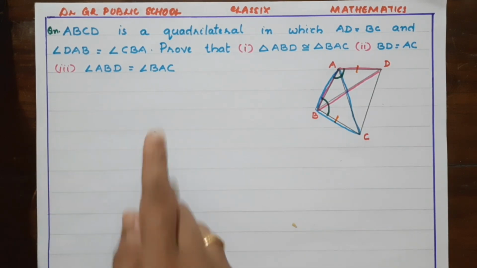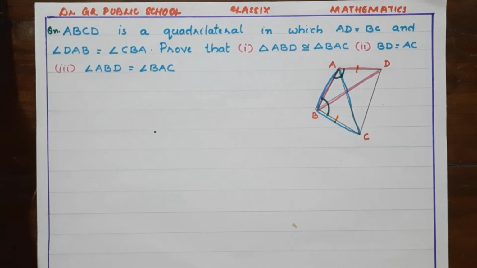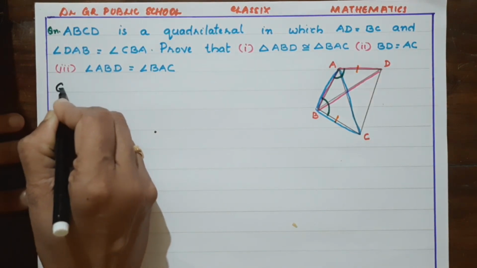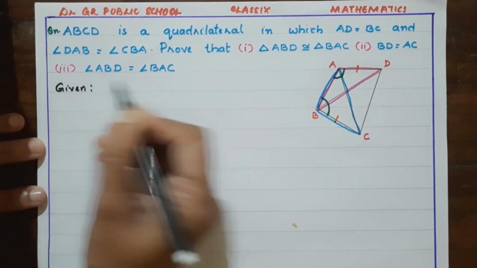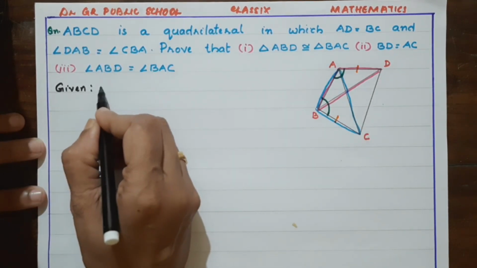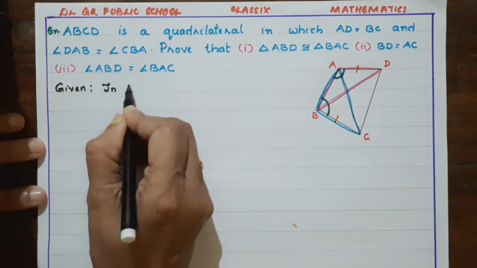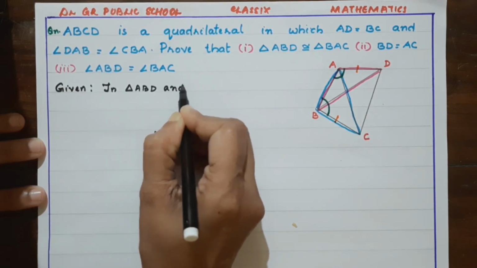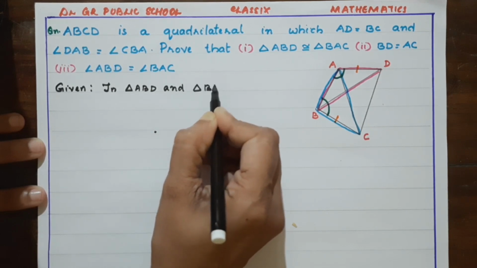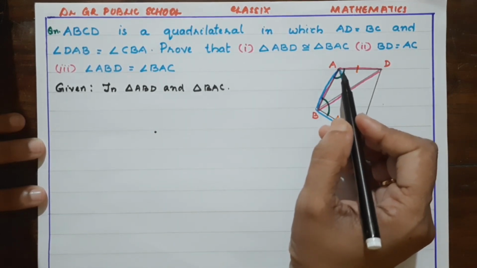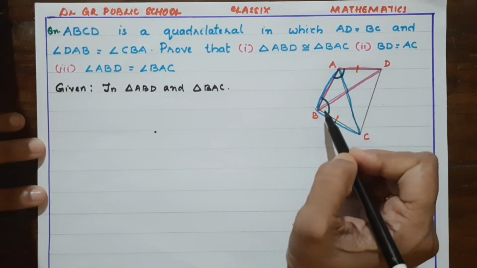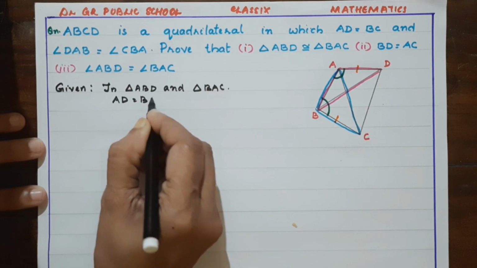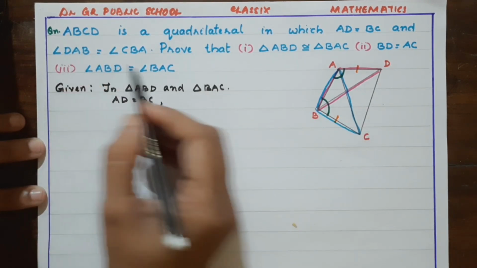First of all, we can write given, what is given and what is to be proved. Okay, what is given? Given in triangle ABD and triangle BAC. What is given? AD equal to BC. Then what is given?